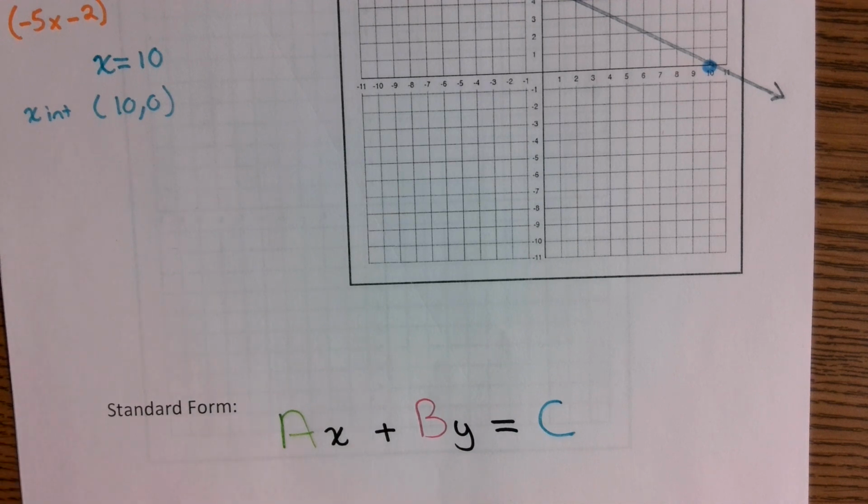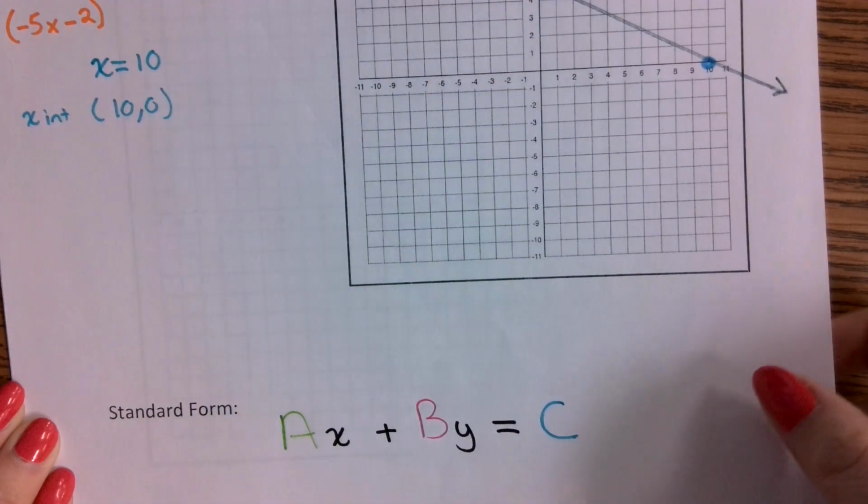The x and the y are considered to be your variables in your graph. So this is your standard form. You've already seen our slope-intercept form. Here's our standard form.